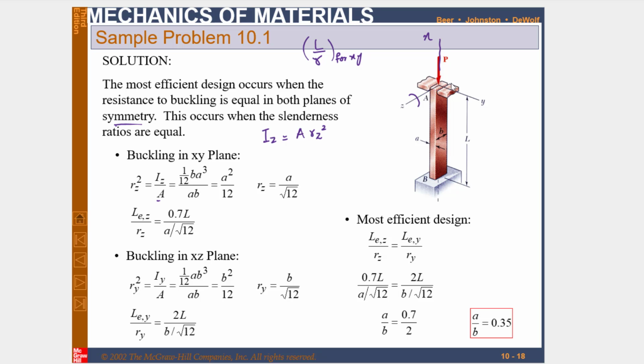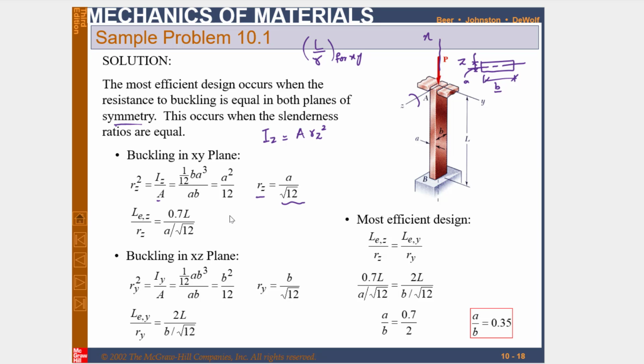If you draw the cross-sectional area like this, with this as the z-axis, this distance is A and this distance is B. So the moment of inertia is 1 over 12 B H cubed, where the breadth is B and the height is A. So it is 1 over 12 B A cubed, and the area of the cross section is A times B. When you put in the values, you will get A squared over 12. So Rz, the radius of gyration, will be equal to A over root 12. Clear?